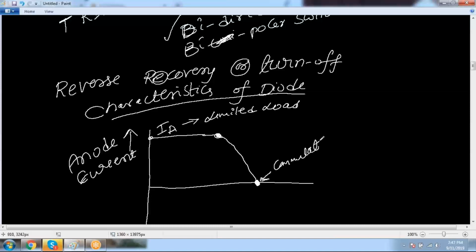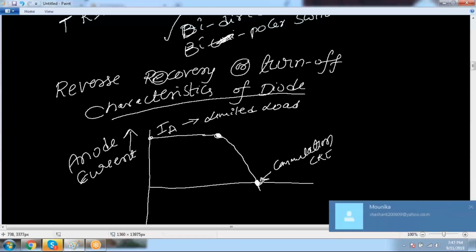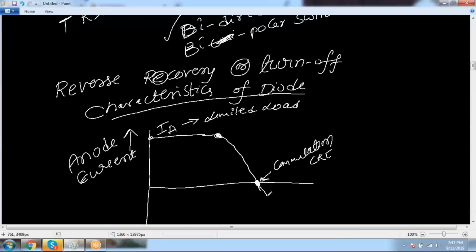Now, how can you bring the anode current to the zero level? By using an external circuit. You are thinking that the diode will stop conducting at this point, but because of minority charge carriers, the current comes to zero, but the diode does not stop conducting.